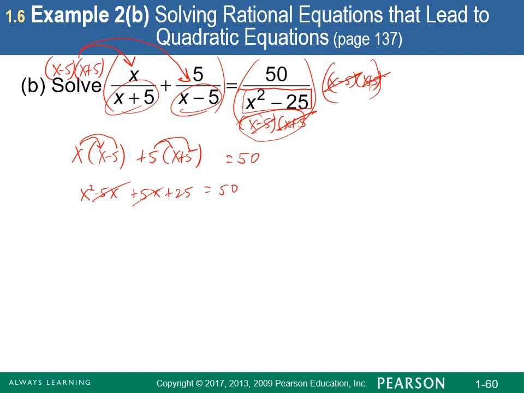When we subtract 50 from both sides, we end up with x squared minus 25 equals 0. Now we can solve this by a technique we learned earlier, where we move the 25 to the other side and do the square root of both sides. Remember the plus and minus.